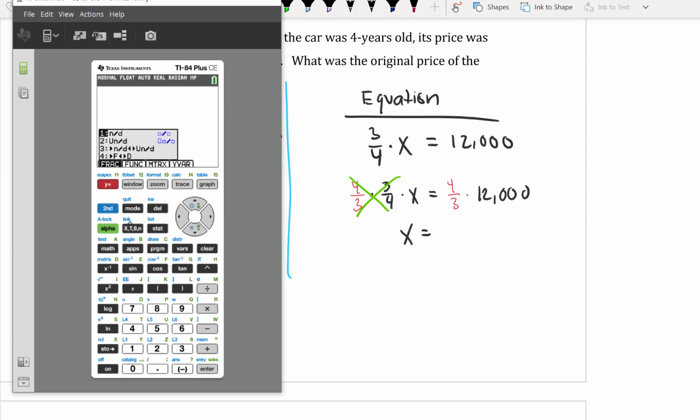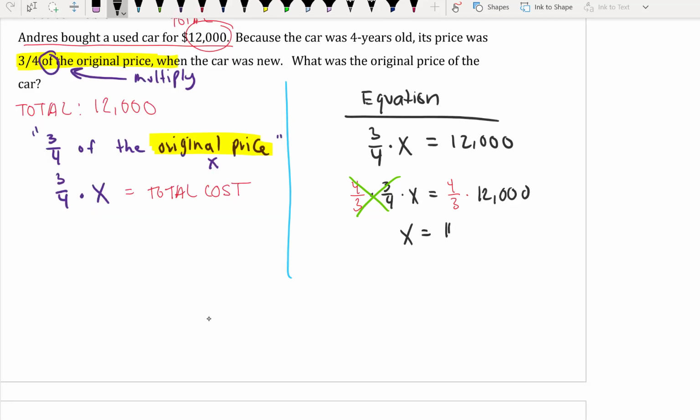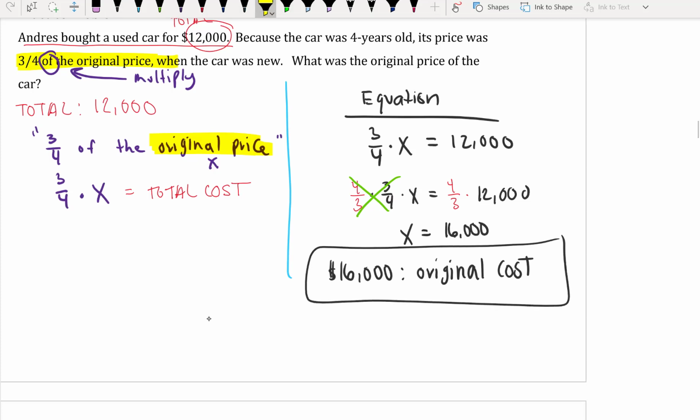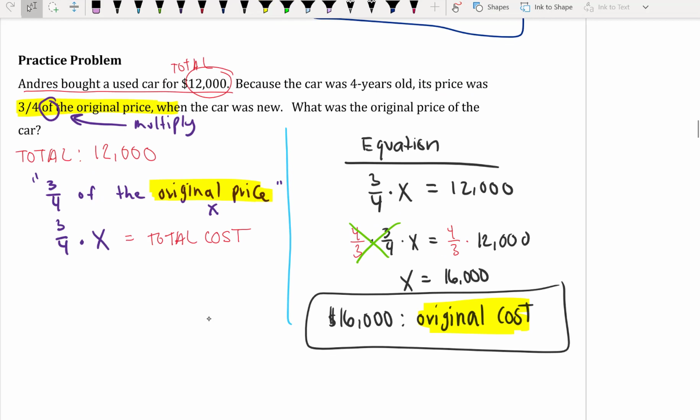So here we have the fraction 4 over 3 that's being multiplied by that 12,000. That's going to give us 16,000. So that 16,000, since it's x, represents the original cost. And that's going to be my final answer. And that is the end of section 2.3.